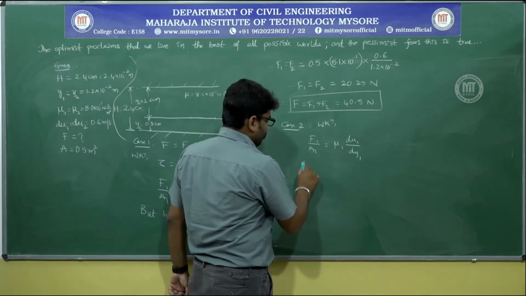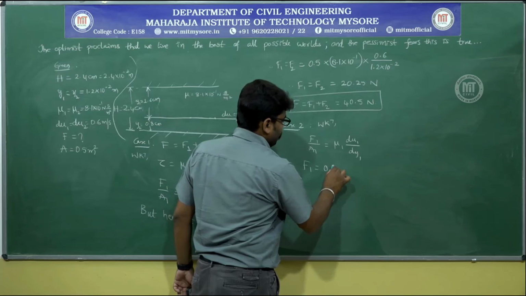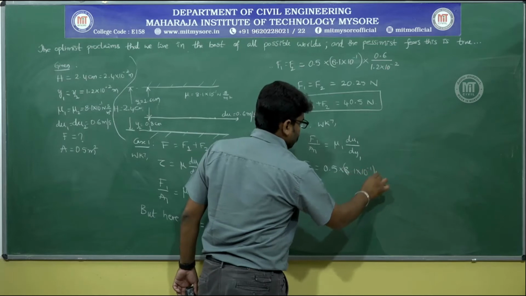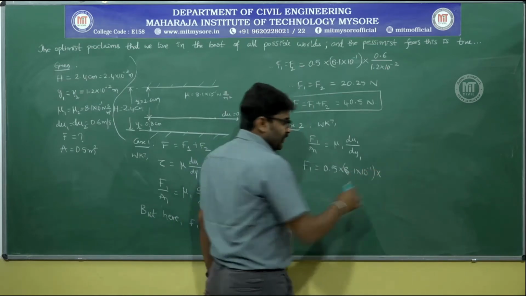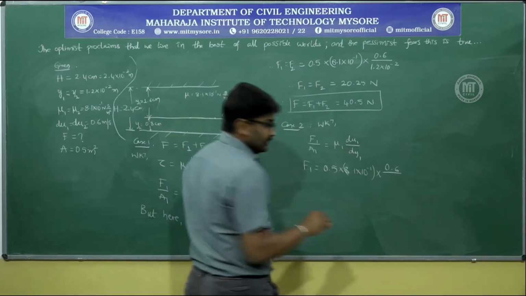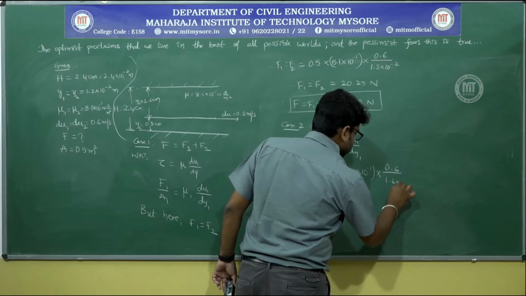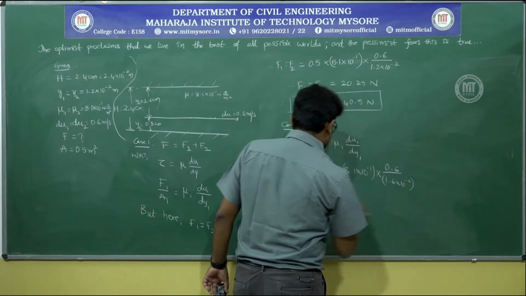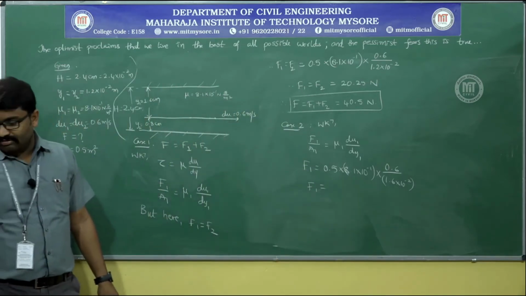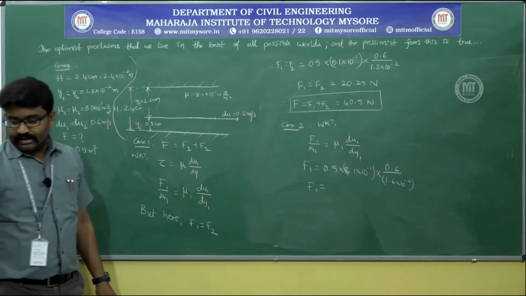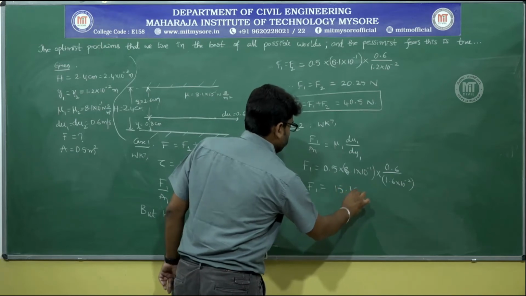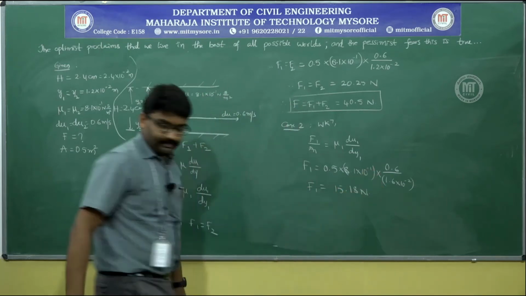So F1, if I have to calculate, A1 0.5 into mu is 8.1 into 10 power minus 1 into du1, speed remains 0.6 divided by dy1 is 1.6 centimeter, that is 1.6 into 10 power minus 2. Please calculate and get the value of F1. The value of F1 when you take it as 1.6 is 15.18 Newton.